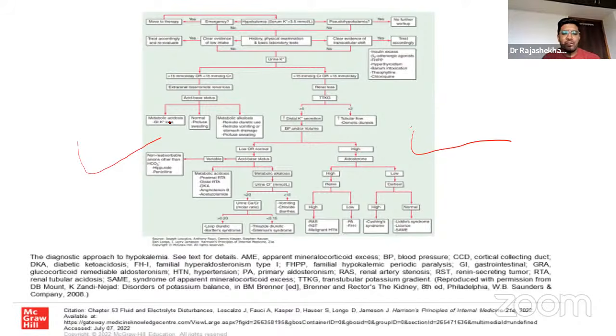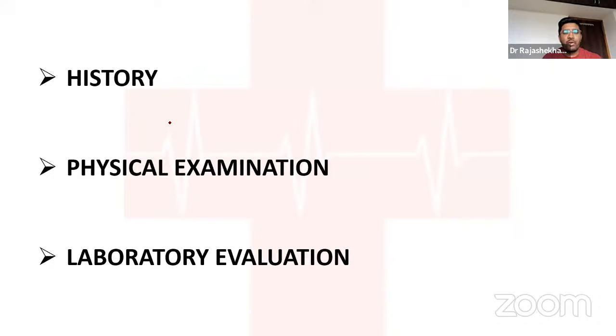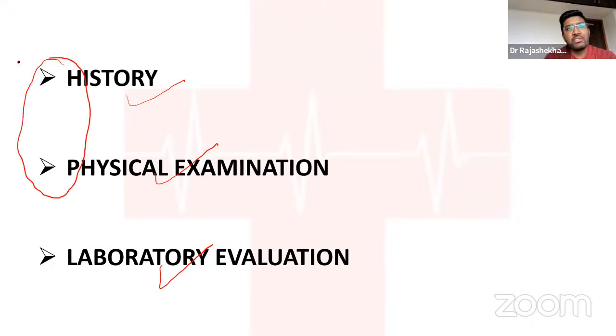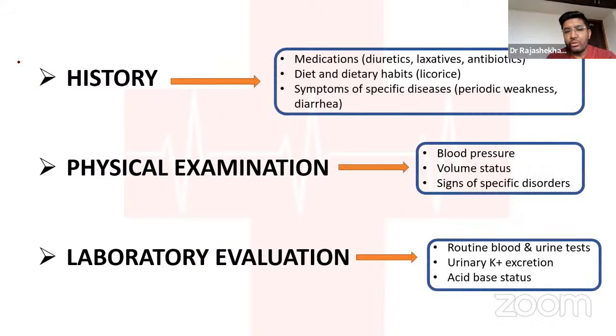So this has to be applied in the wards, the medicine wards, the practicing site. In evaluating, the history, the physical examination and the laboratory evaluation are very, very important. By the time history, physical examination and laboratory evaluation are done, some of the causes are actually ruled out.